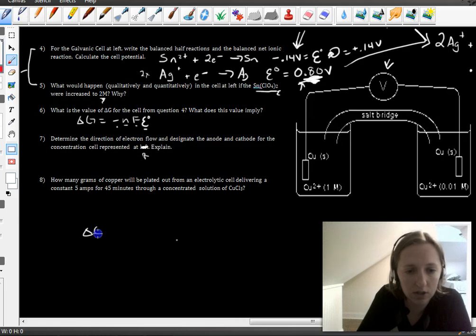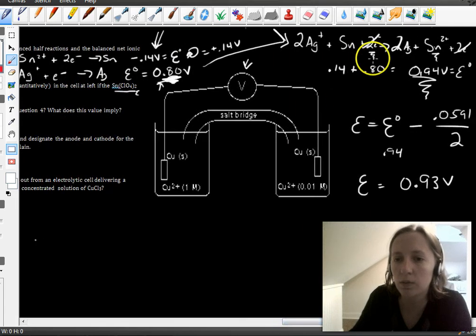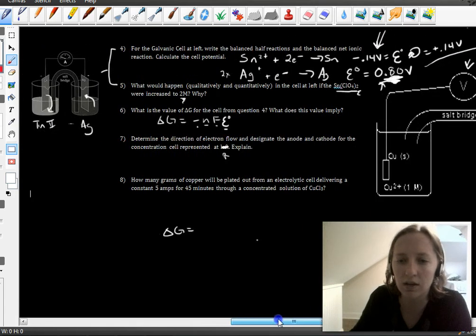So that's going to be delta G is, what question was this? How many electrons? This is the tin and silver, and if we remember the tin and silver balanced equation, that was 2 electrons, so that's our n.